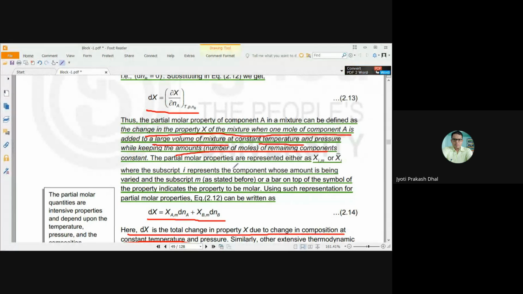So here you have added only 1 mole of component A at constant temperature and pressure, keeping the number of moles of the remaining components constant. So the partial change in the value of X is called partial molar property. This is the definition of partial molar property.